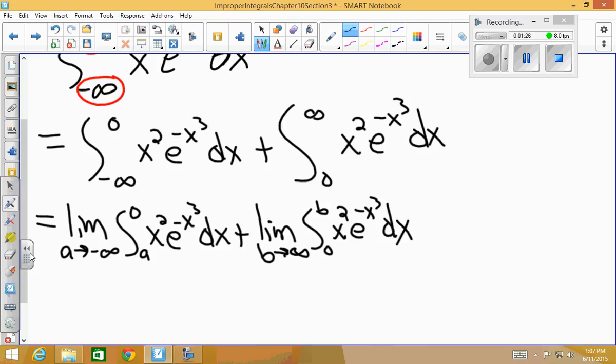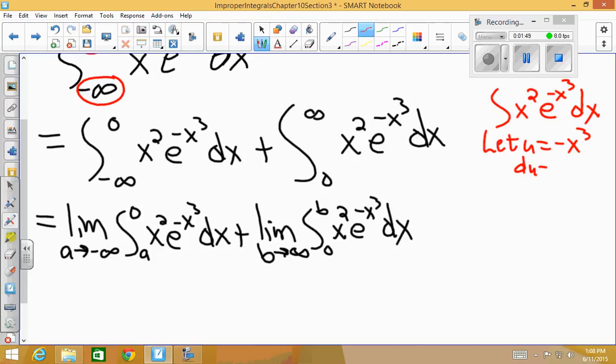We need to find an antiderivative of x squared e to the negative x cubed. So let's do that over on the side. This is the indefinite integral of x squared e to the negative x cubed dx. We can let u be equal to negative x cubed. Then du is negative 3x squared dx.